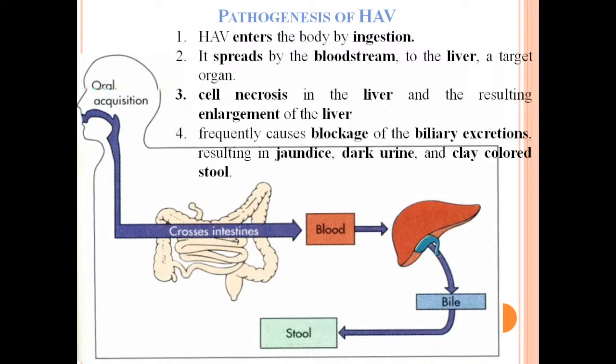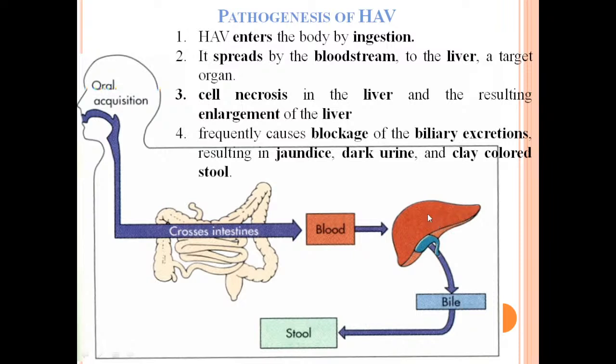How does the disease develop? Hepatitis A virus enters the body by ingestion of food or water. Then it crosses the intestine and enters the bloodstream. Then from the blood it enters the liver. That is the target organ for hepatitis A virus.